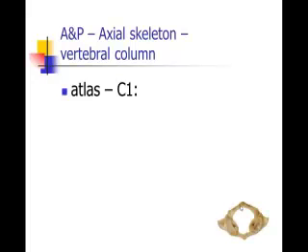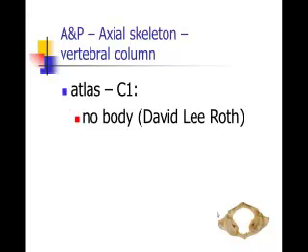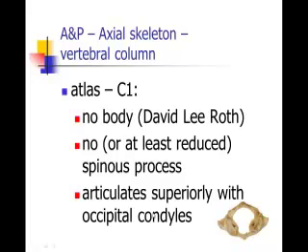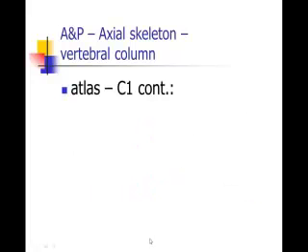This gives us a range of motion with our neck that we wouldn't have with the other areas. And brings us to the atlas. So the atlas is C1, and it doesn't have any body. If you remember, it wrote that song for David Lee Roth, I Ain't Got No Body. It doesn't have a spinous process, or if it does, it is very much reduced. It articulates superiorly right here with the occipital condyles, and inferiorly it articulates with the dens of the axis.